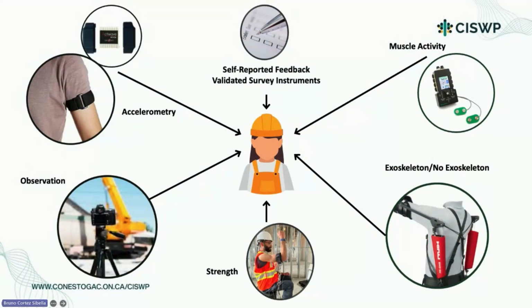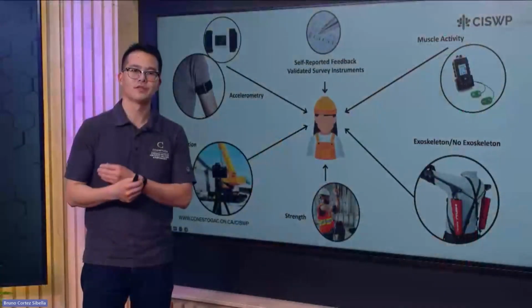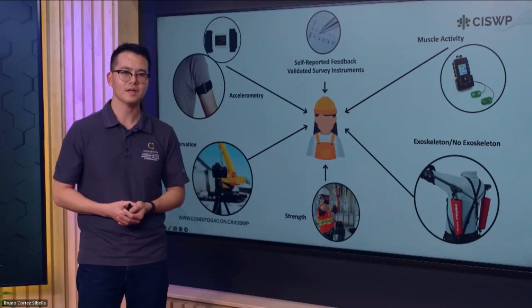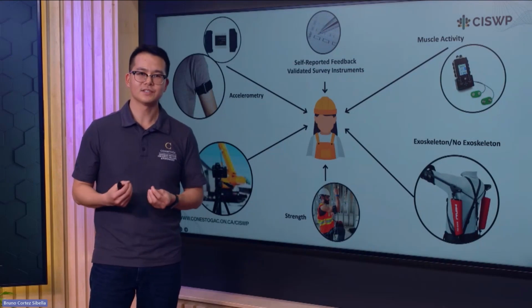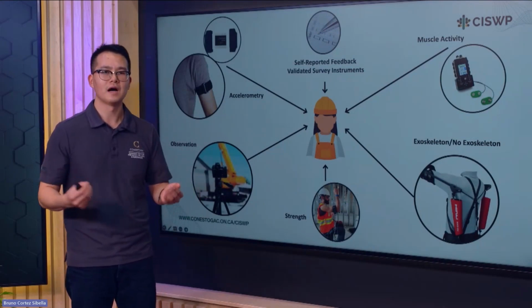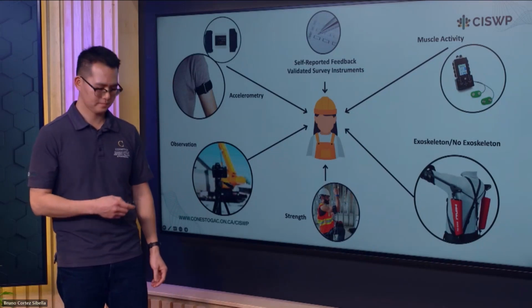We also recorded videos of common tasks that were performed, and we had a continuous measurement of the upper arm motion through accelerometry of the entire work shift. On the last day of the exo condition, we also asked participants straight up what they thought about the exoskeleton.